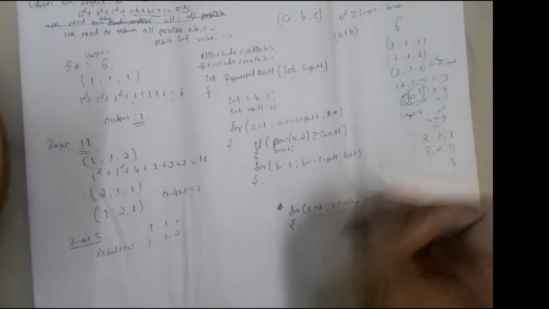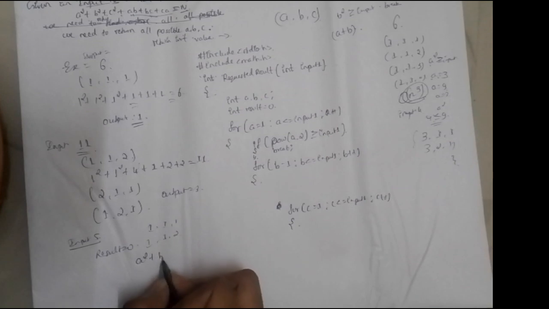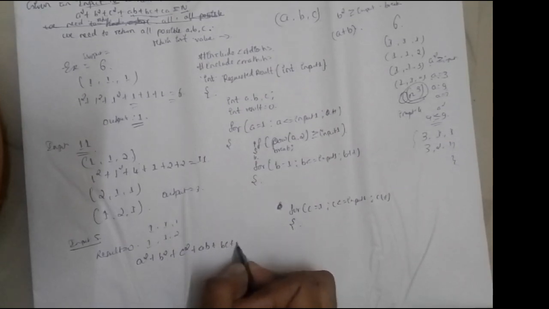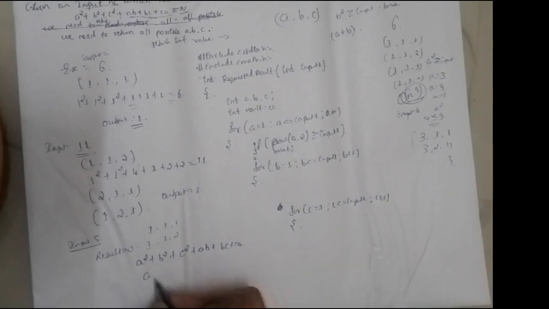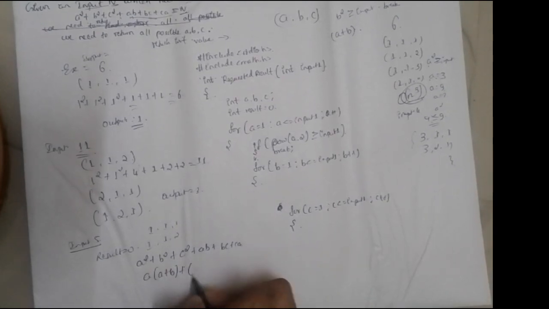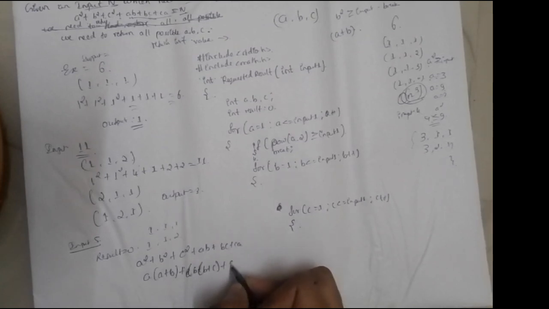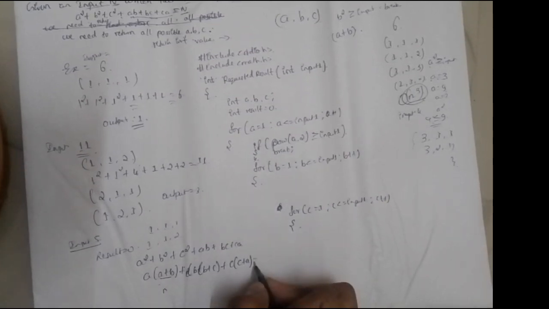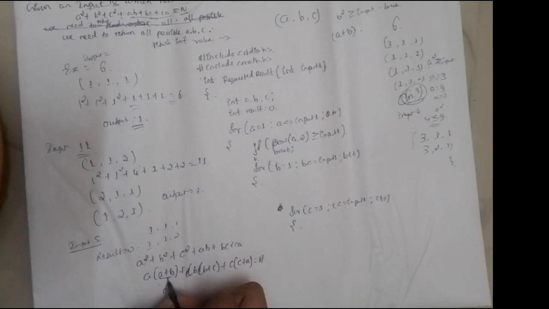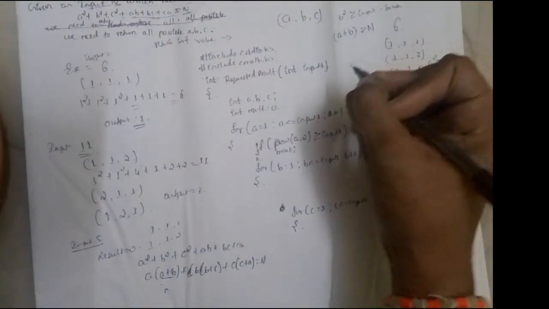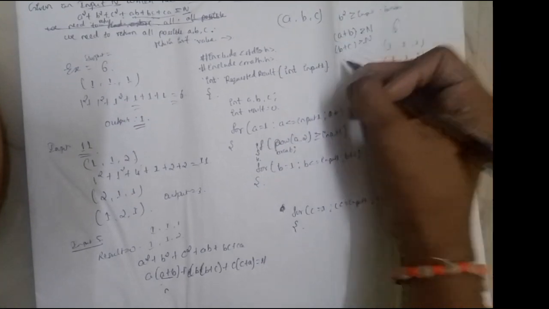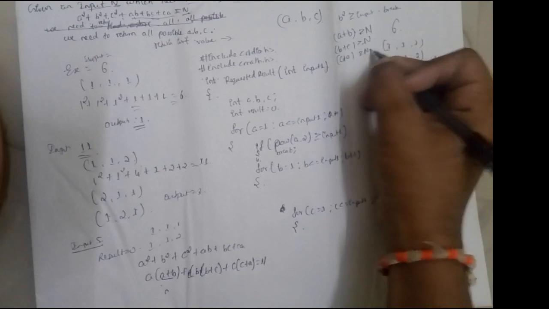When we solve this, a square plus b square plus c square plus a into b plus b into c plus c into a, we see that a plus b needs to be less than or equal to n. Similarly, b plus c needs to be less than or equal to n, and c plus a has to be less than or equal to n.